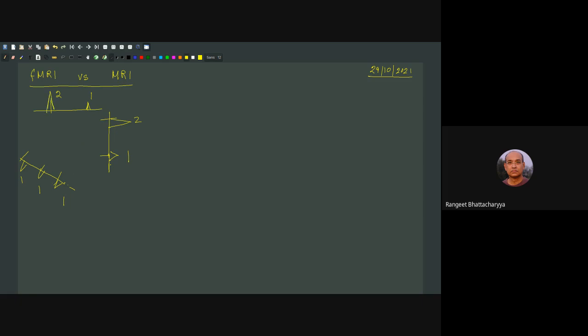The top spectrum has 2:1 intensity, the second one on the right has 2:1, and the third one has 1:1:1. So what you do is create a grid. You draw these lines perpendicular to the baseline, and from there you look at the intersections.